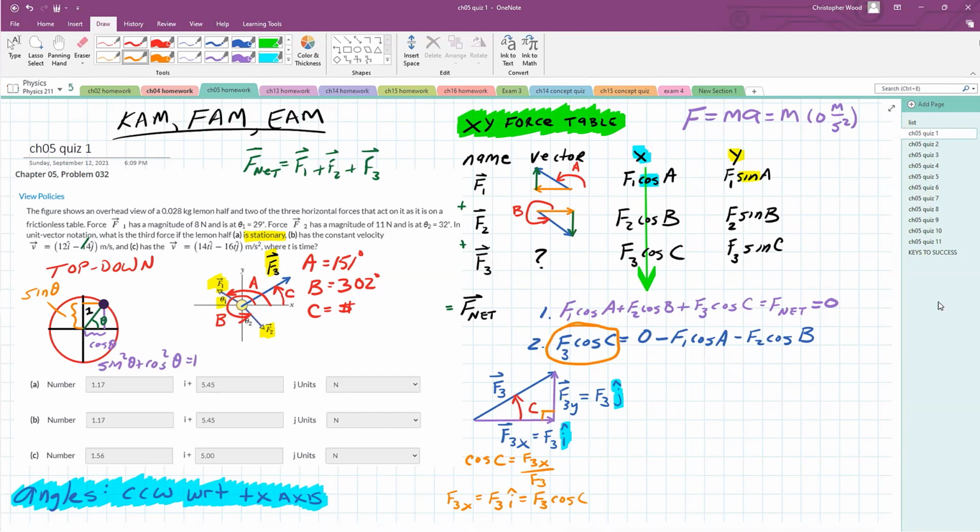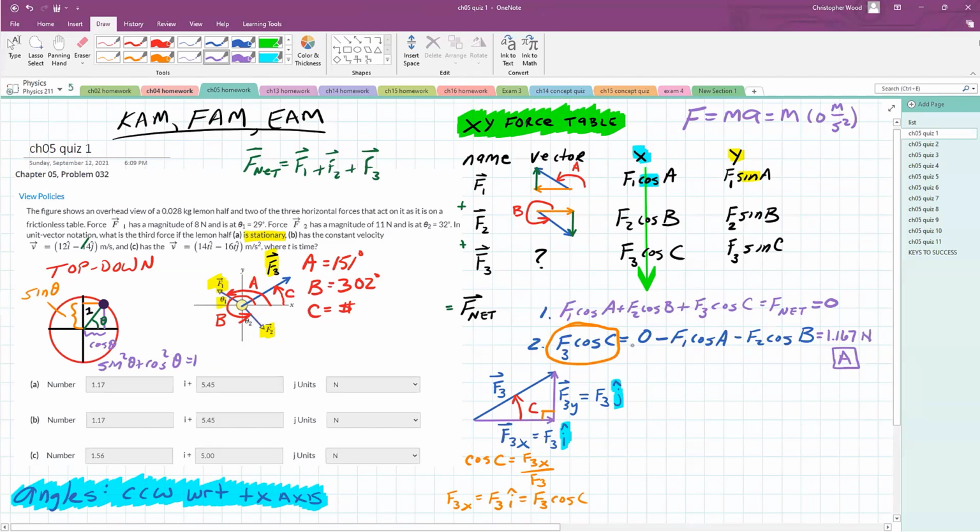This equals 1.167 newtons. I'm going to put this in calculator memory location A, store alpha A. So that's the correct answer for the I hat component of F3.